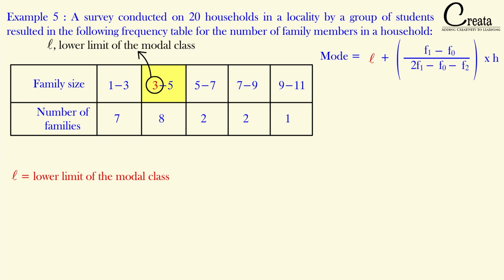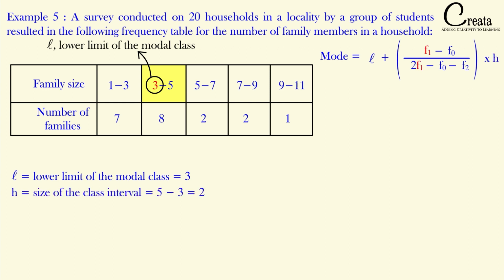So this 3 is L. Next component is H. H is the size of the class interval, which we also covered in the concept of the mean. How do we find the class size? Upper limit minus lower limit. Here 5 minus 3 is 2. So we got H, that is the class size is 2.